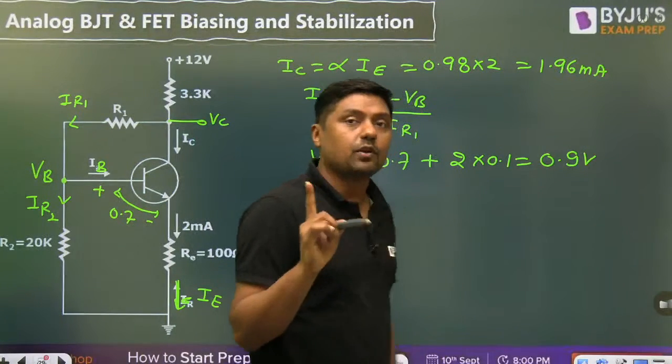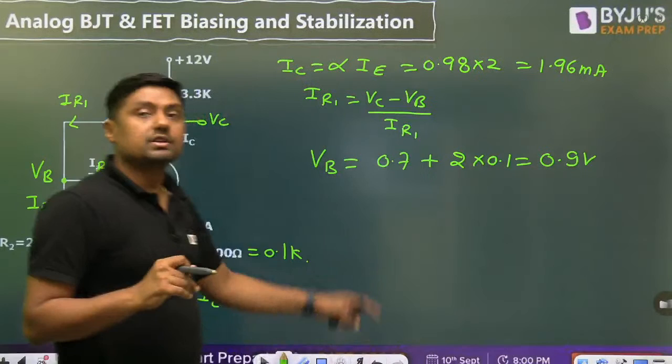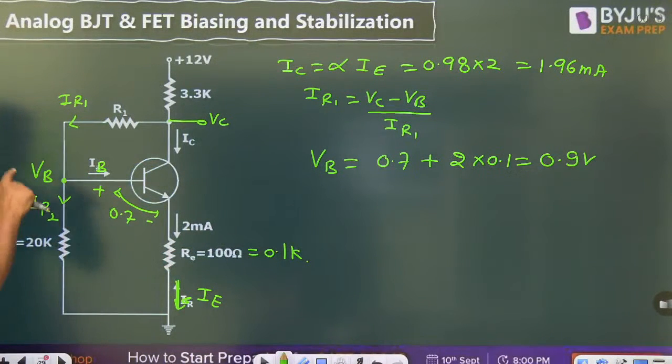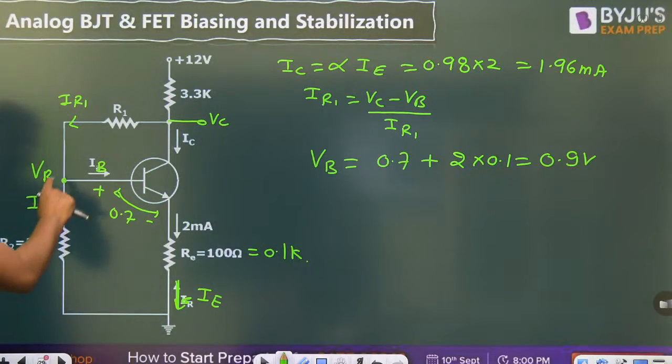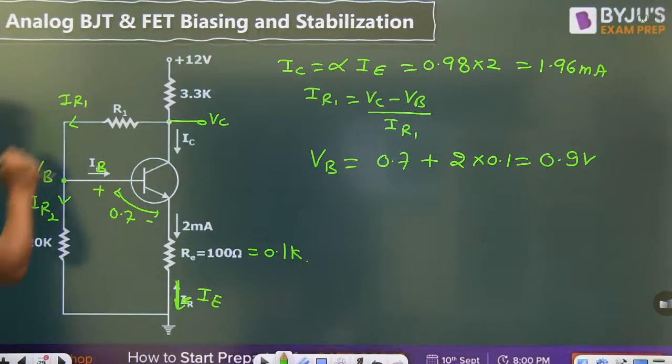One by one, everyone, we can solve this. This is 0.9 volt from this point to that point. If it is 0.9 volt, what is the value of IR2? Once you have the value of IR2 and the value of IB, you can find the value of IR1. So what is the value of IR2?